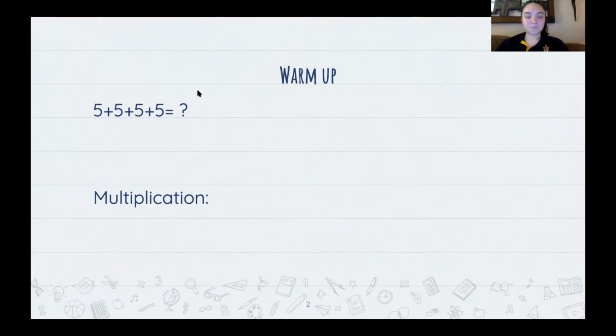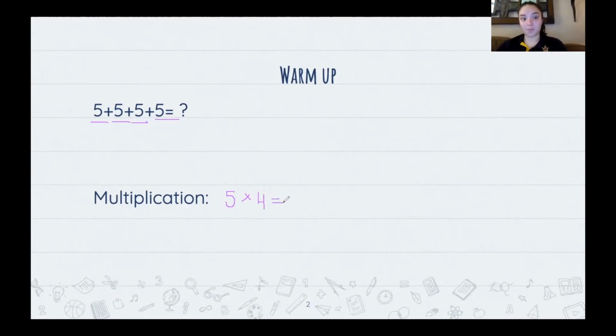I have the number 5. That's the number that I am repeating, and I am multiplying it how many times? To find that number, I'm going to count how many times I have 5 in my repeated addition equation. I have it 4 times, so we're going to have 5 times 4 as our multiplication problem. To solve, we can do this 2 ways.